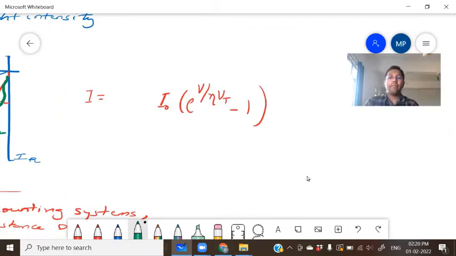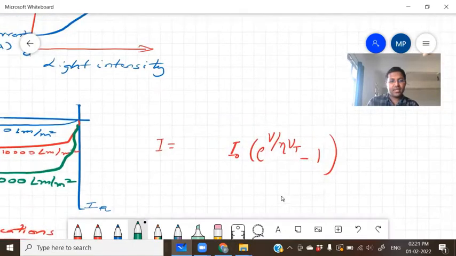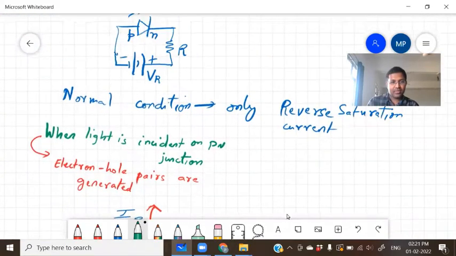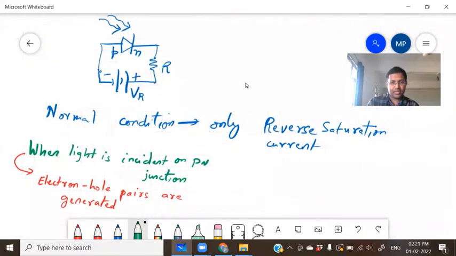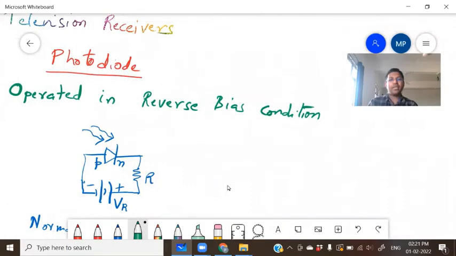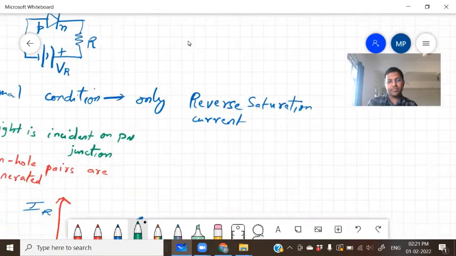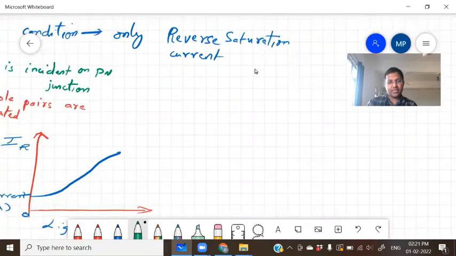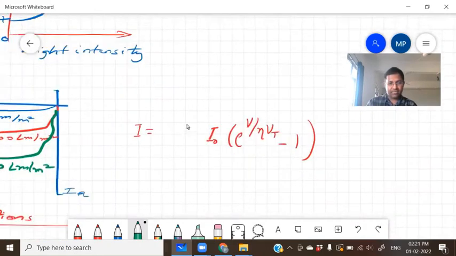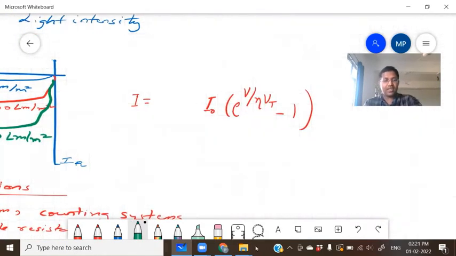But remember, we are operating the device under reverse bias condition. A photodiode is always operated in reverse bias condition. Reverse bias means obviously the current will be negative, so I am putting a minus sign.